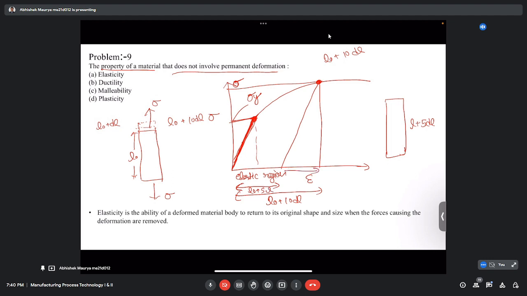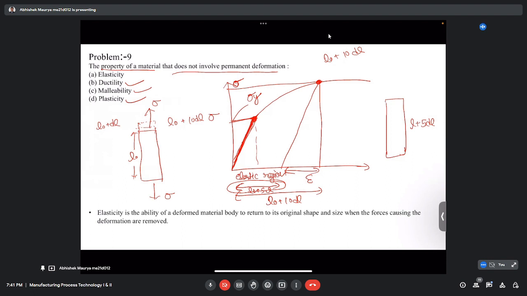So this much of strain got recovered, but this much of strain has now become permanent, and that is called the plastic deformation or permanent deformation. These properties like ductility, malleability, plasticity all come under plastic deformation or permanent deformation.